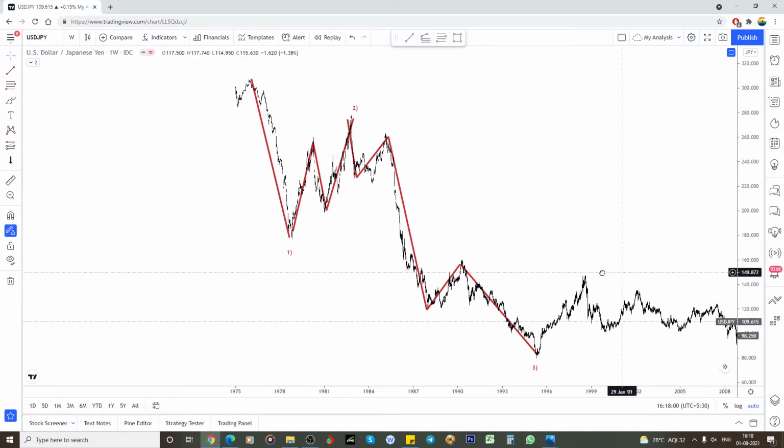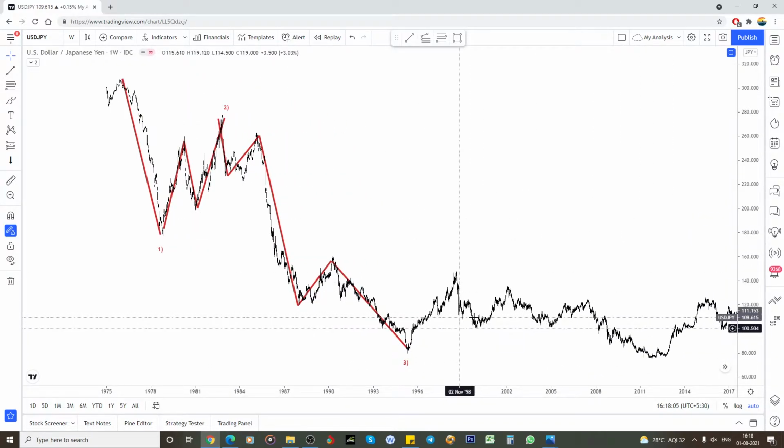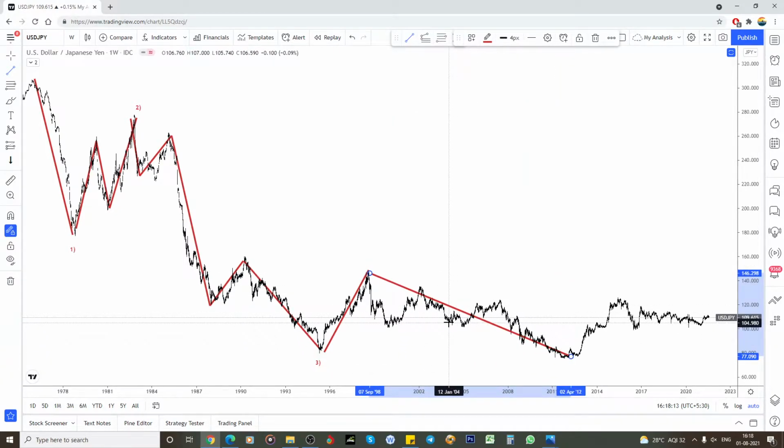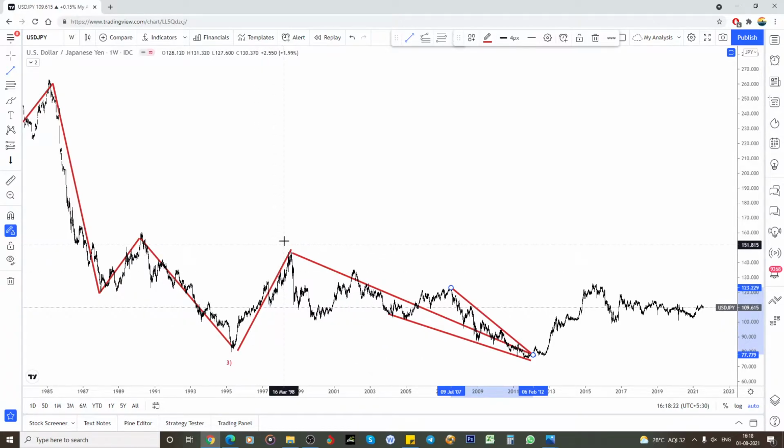But since it already broke the low, I consider this a fourth wave, and the fifth wave is already done in that ending diagonal pattern. So whether this is an A, the fourth, A, B, C as 1, 2, 3, 4, and 5.